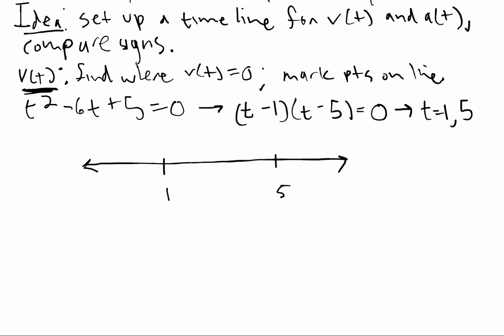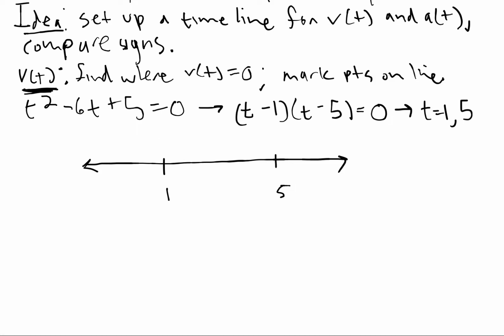So on each of these intervals, the one going off to negative infinity, the one between 1 and 5, and the one going off to positive infinity, we are either going forward or going backward. If I'm going forward on a given interval, I'm doing it the entire interval, similarly if I'm going backward. So let me get rid of some of the clutter here.